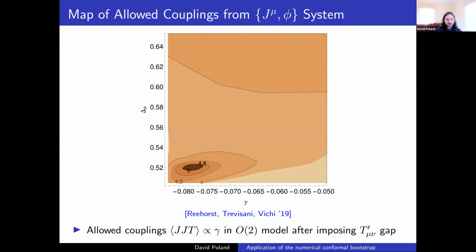This is a nice system to think about the O(2) model in, and they managed to make a fairly precise determination of the couplings appearing in 3-point functions between two currents and a stress tensor, called gamma, using this system. This has been one of the more cutting edge mixed correlator studies involving spinning operators.